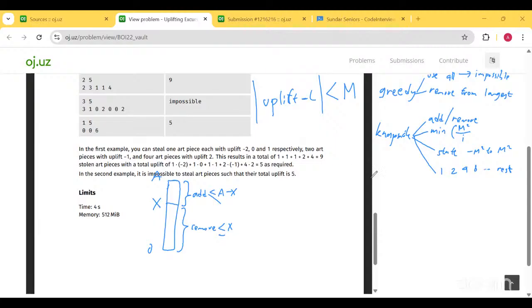All right, and finally, the answer is the current number of items plus TP of L minus current uplift. But note that if the TP is still minus infinity or still unvisited, it means it is impossible. Sometimes it is impossible.